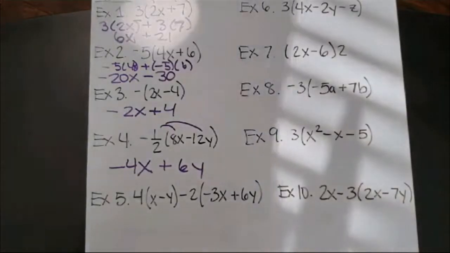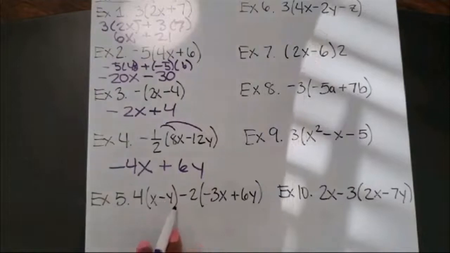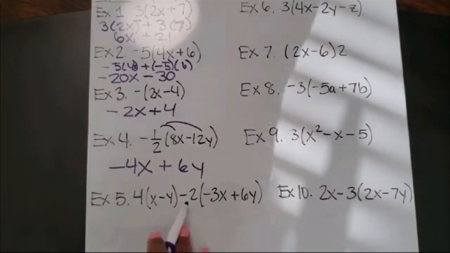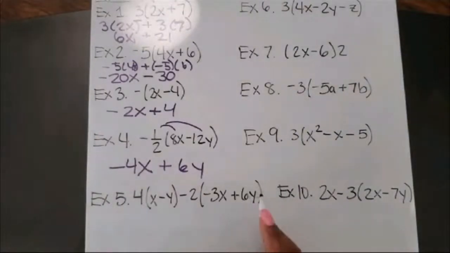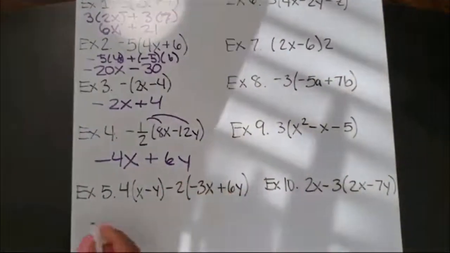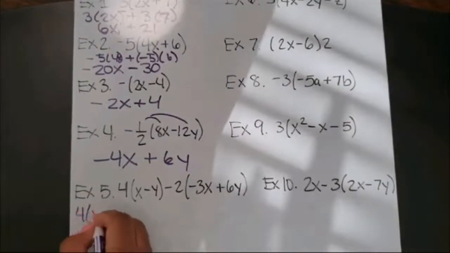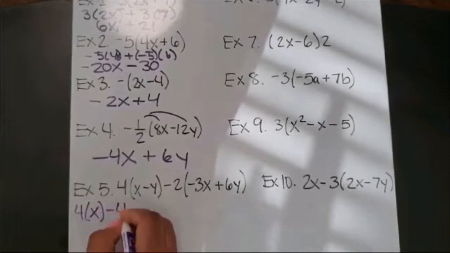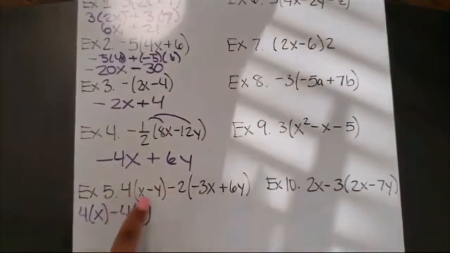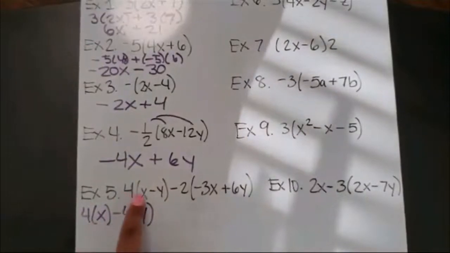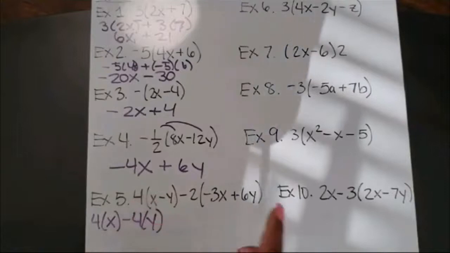So we have 4 times x minus y, minus 2 times negative 3x plus 6y. So for this one, I'm going to write out a couple more steps for you guys. So we have 4 times x, we have our minus sign, and we have 4 times y.